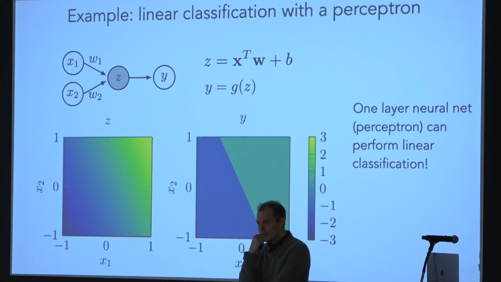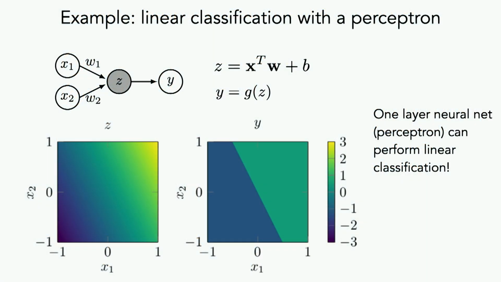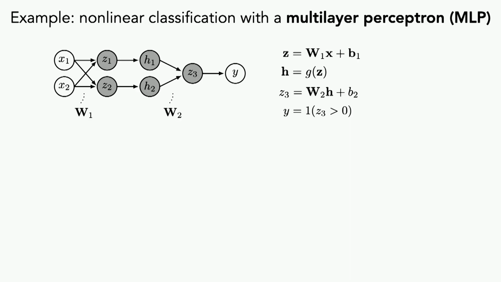Okay, so I told you that perceptrons can do linear classification. So how can we get a multi-layer perceptron, a stack of layers, to do nonlinear classification? We should be able to, because the pointwise nonlinearities give us that capacity, that flexibility. So here's how it works. Let's just make it 2 layers, right?